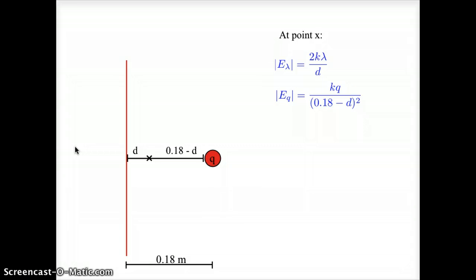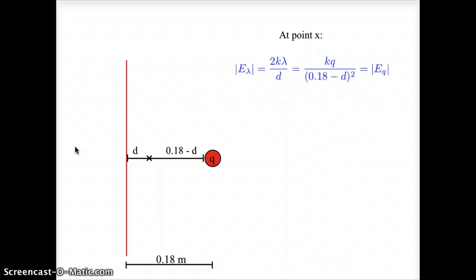That's what we figured out when we sketched the electric field. So if the electric field is supposed to cancel out at point x, then E lambda should be equal to E Q in magnitude. So I can set those equal, cancel out the k's, and multiply out the (0.18 minus d) squared, and I get the following equation.